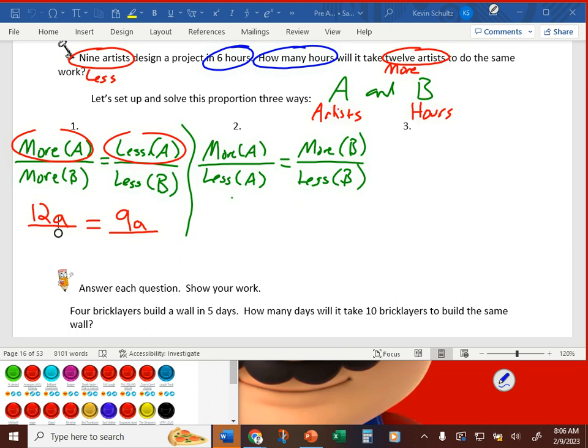So how many hours would go into the 9? Or wait, no, the other way around. Or no, you're right. Still there. And then the 6 would go under. Right. So 6 is more than however long it's going to take. Okay. So our more of hours goes under here. That's 6 hours. Right? And then what we're solving for, we don't know how many hours. We know it's going to be less.